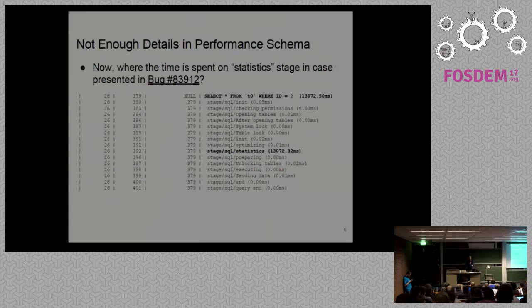Now, let's get back to a real production issue. Some of you were probably present at the pre-FOSDEM day yesterday, when Sveta Smirnova told that one of the strangest stages of query execution is called statistics. So the query may spend a lot of time in the statistics stage, and you may not know why. I've got it in real life.